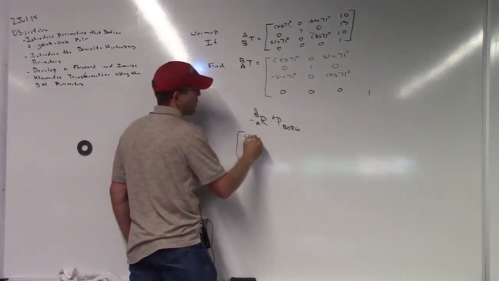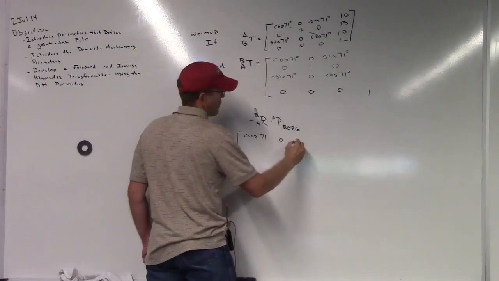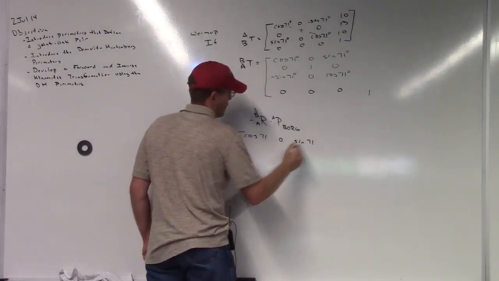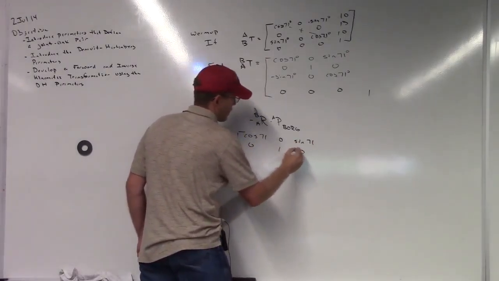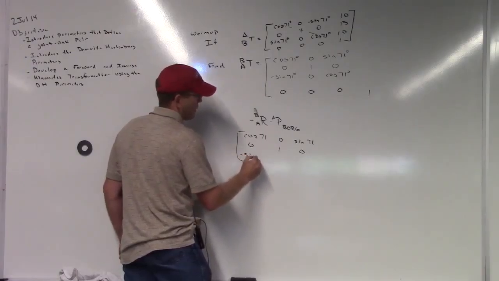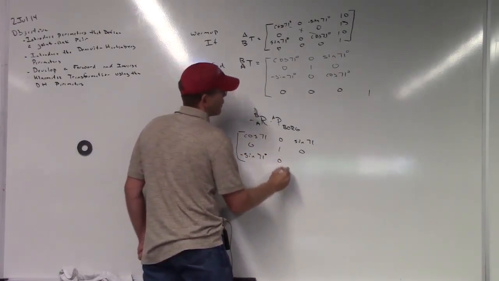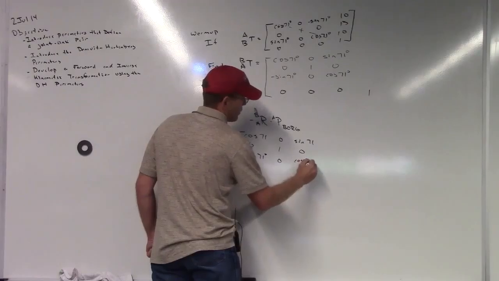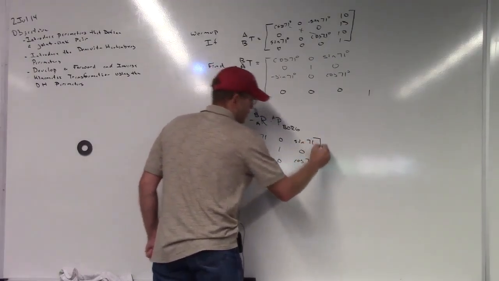It is the cosine 71, 0, sine 71 degrees, 0, 1, 0, and then negative sine 71 degrees, 0, and cosine 71 degrees.